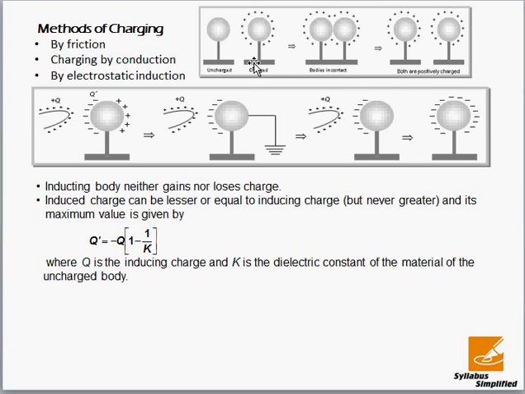Now over here we have a charged body. This, as you can see, is a charged body, and this over here is an uncharged body.